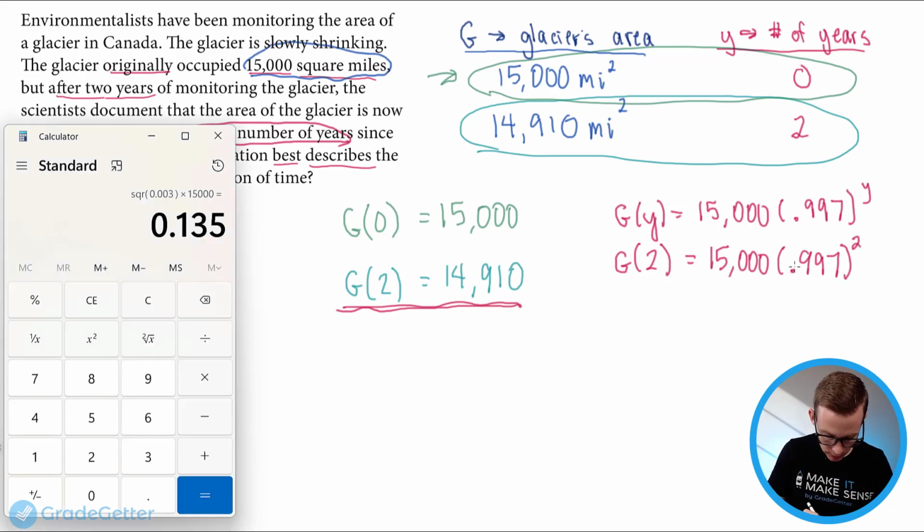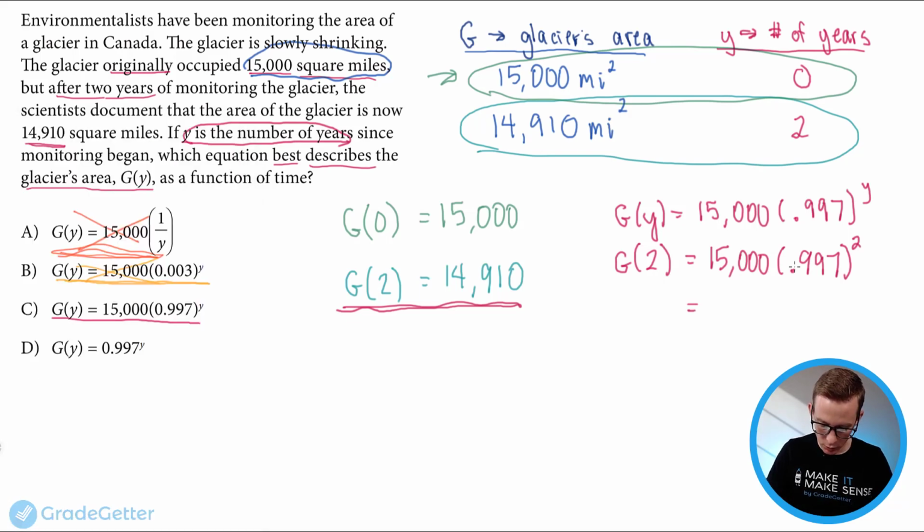Let's bring up our calculator again. 0.997 squared times 15,000 gives me 14,910. So yeah, this one works. When I plug in 2 into my equation, I get the expected output of 14,910. So this is going to be our correct equation.